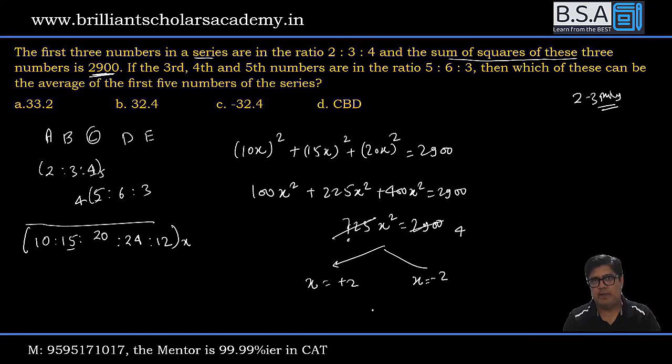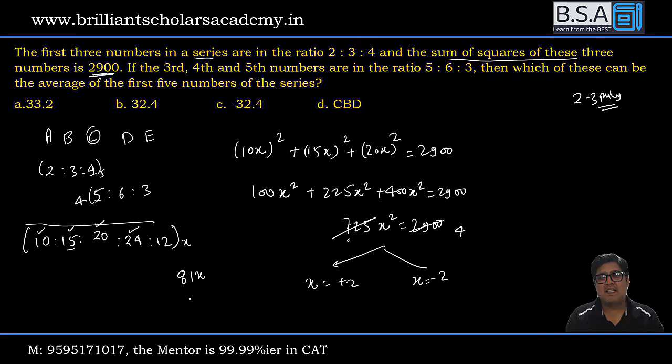Both are possible. What is our question? Which of these can be the average of the first 5 numbers? These are the 5 numbers. Which of these can be the average? I need to add first this plus this, 25 plus this 45, 69 plus 12, 81. What I have is 81x.